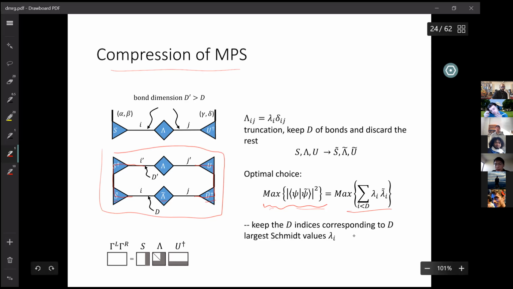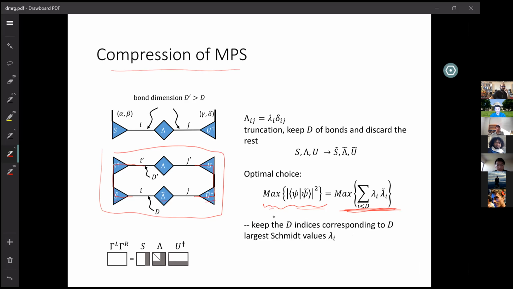Now you see what this inner product is. This is nothing but the product of the Schmidt values, and sum over i, right? So now we know the best way to compress the MPS while preserving the maximal overlap: choose the leading Schmidt values in this SVD decomposition, keep them, and discard the rest.